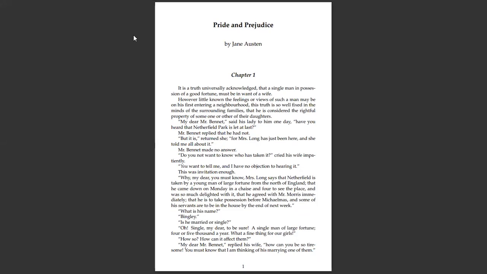A single man of large fortune, four or five thousand a year. What a fine thing for our girls!" "How so? How can it affect them?" "My dear Mr. Bennet," replied his wife, "how can you be so tiresome? You must know that I am thinking of his marrying one of them."